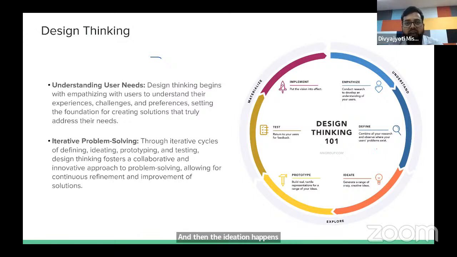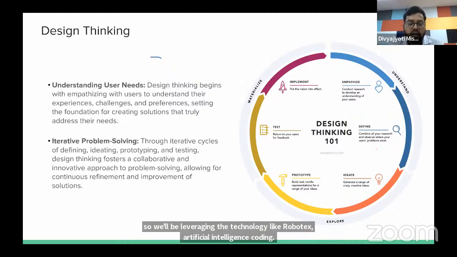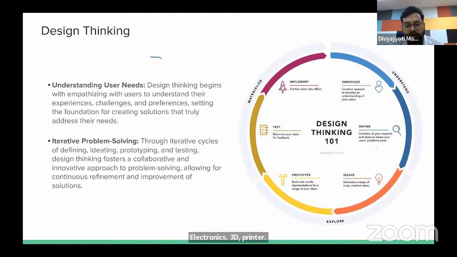We'll be leveraging technology like robotics, artificial intelligence, coding, electronics, and 3D printers in creating different ideations or prototypes to solve that problem. The next and final part is materializing, where you will be working on the final product.